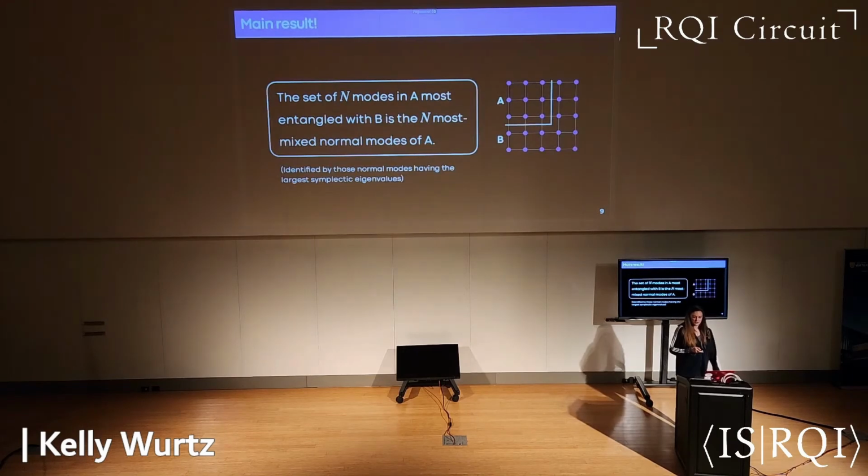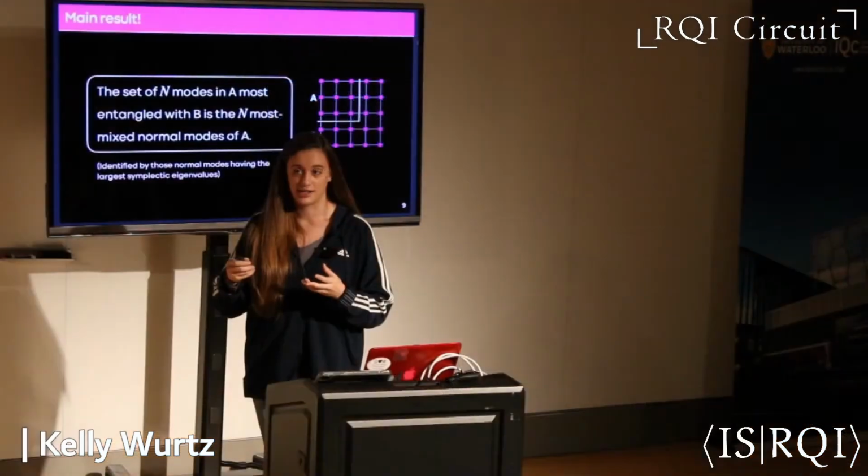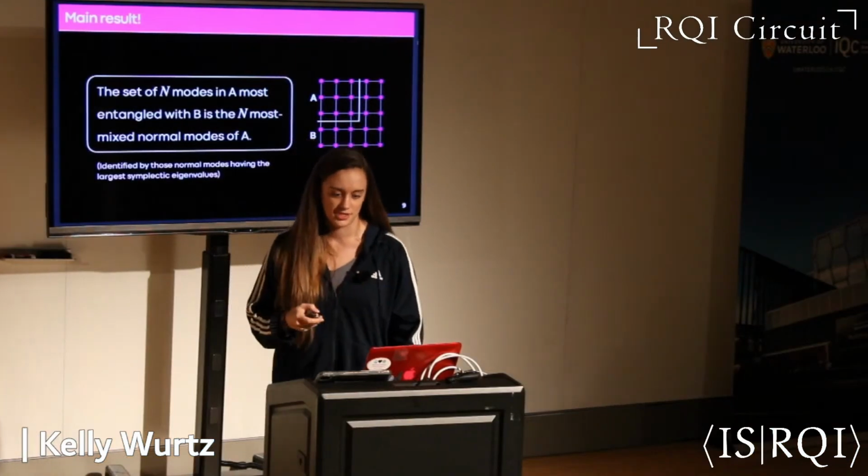And so the main result of our paper here, and our paper contains the proof of this, is that the most entanglement between a region B and some group of, say, n modes within subregion A, maximizing over any possible choice of modes, in fact is found by the n most mixed normal modes of the reduced covariance matrix of subregion A. And those most mixed normal modes are identified by those having the largest eigenvalues, because remember, the entanglement is calculated purely from the eigenvalues, and the largest ones will contribute the most to the entanglement.